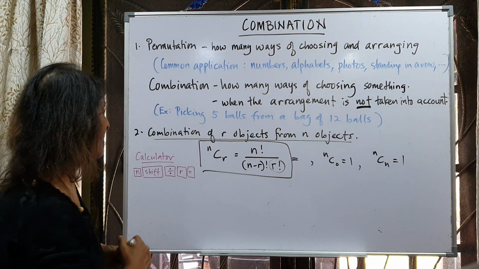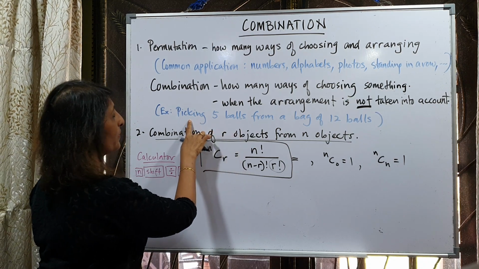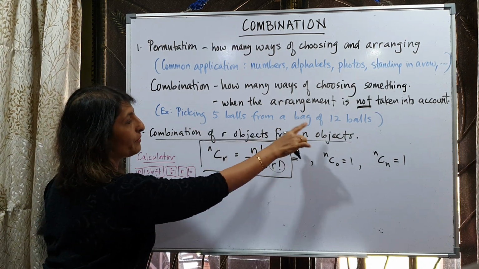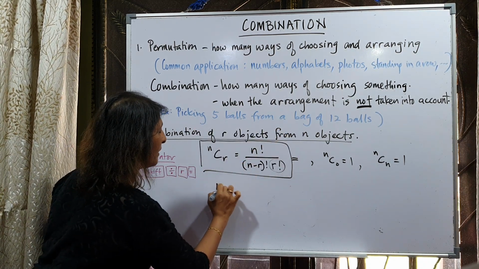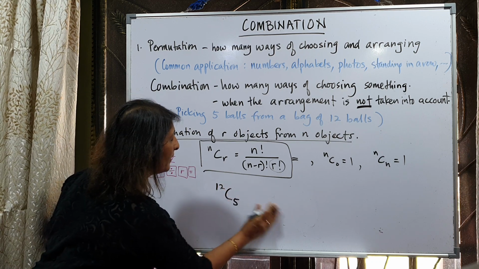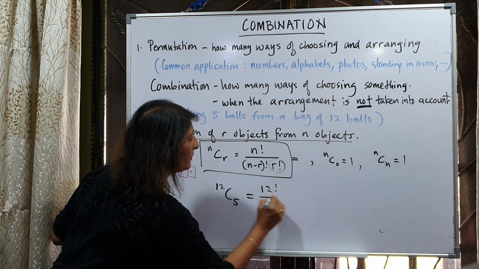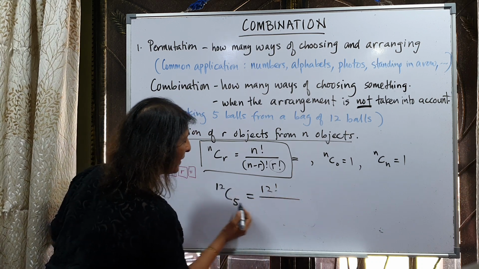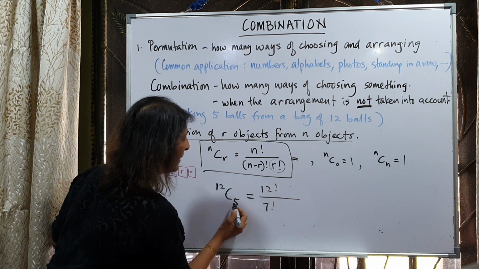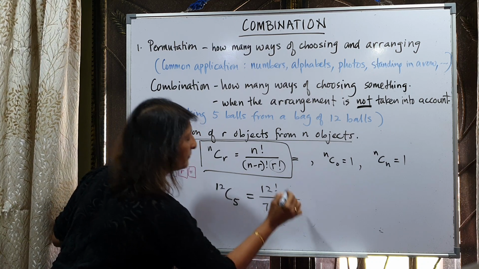Now, you know how to do this factorial? Let's see an example. For picking 5 balls from a bag of 12 balls, we will put 12C5. This is equivalent to 12 factorial divided by 12 minus 5, which is 7 factorial, and 5 factorial.